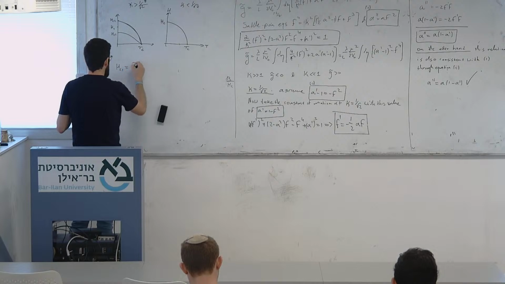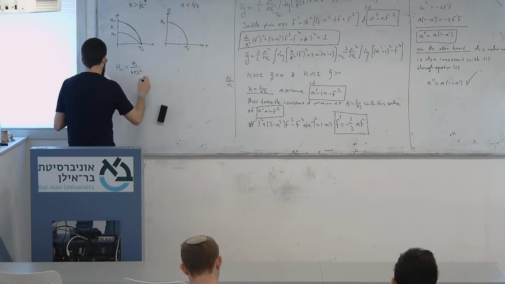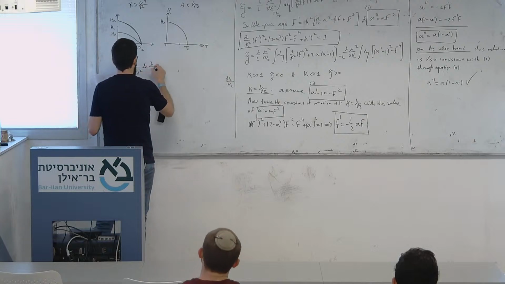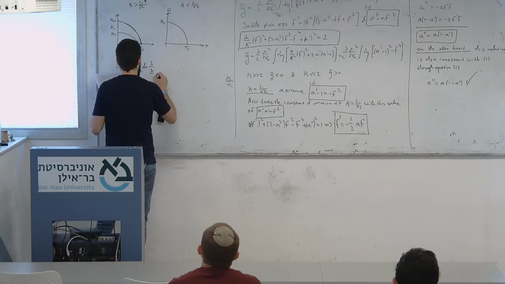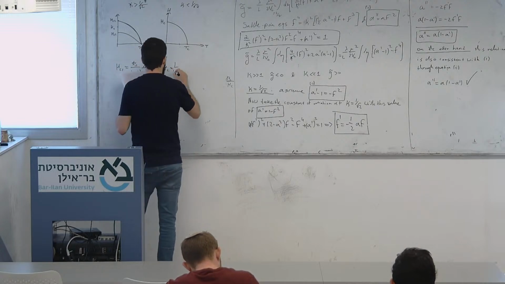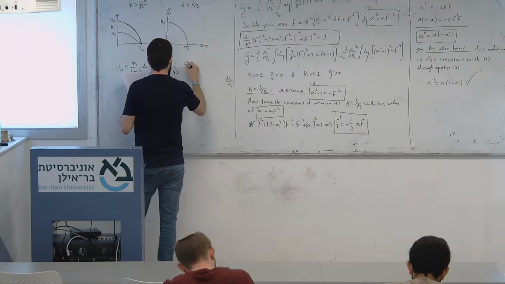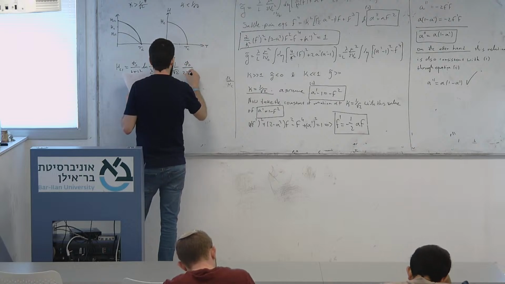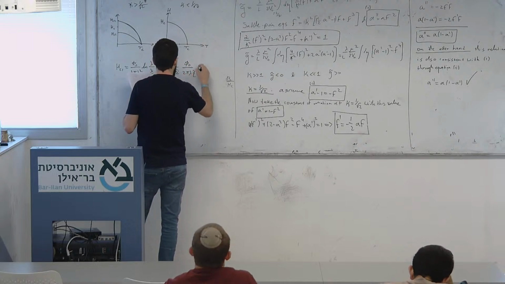HC1 is equal to phi naught over 4 pi lambda squared ln of lambda over psi. HC is equal to 1 over square root of 2 phi naught over 2 pi lambda psi.